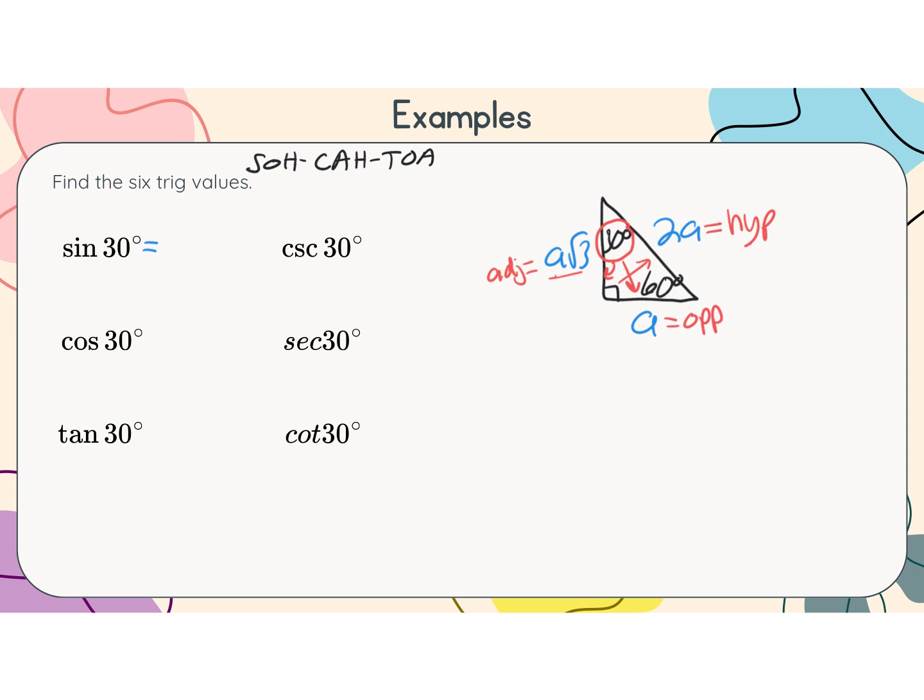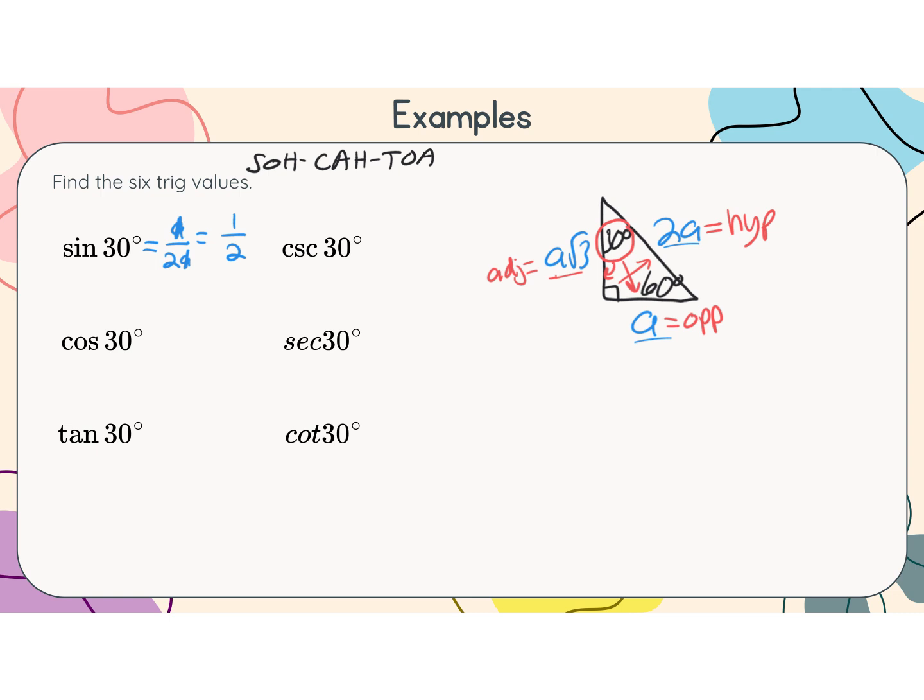So we know that sine is opposite over hypotenuse. Our opposite is A, and our hypotenuse is 2A. So I'm going to make this A over 2A. Now, hopefully we see what simplifies here. A and A cancel out, so we're left with 1/2. That means sine of 30 degrees is 1/2.